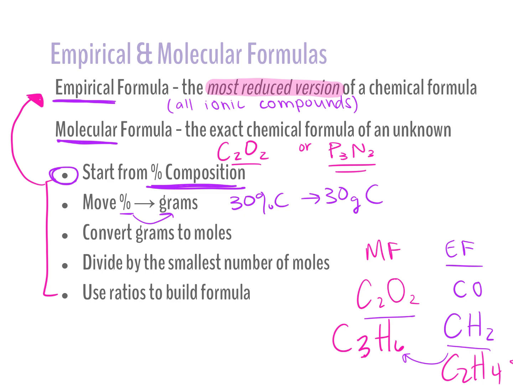Then we convert each of our grams to moles. Our next step is to divide each one by the smallest number of moles. That allows us to see the true ratios of how many atoms of each element we need. And then we use our ratio to build our formula.